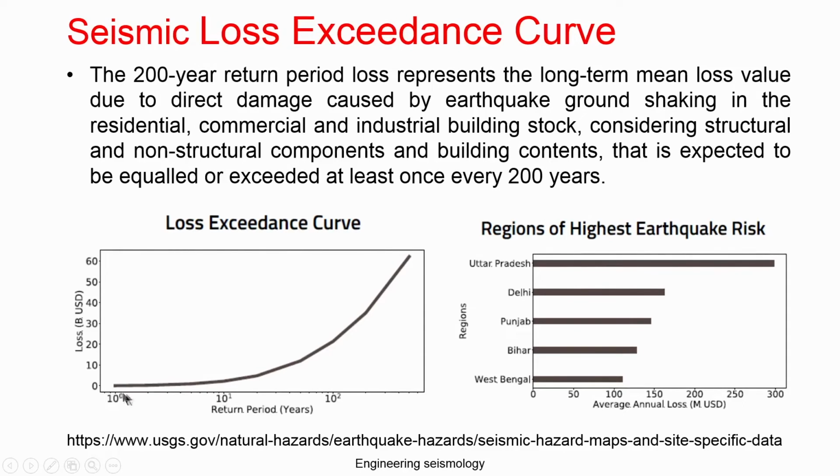People looking for short investments may experience less. This is again region-wise, how much annual loss you can expect: West Bengal, Bihar, Punjab, Delhi, Uttar Pradesh, for example. So you can get this at the regional level and decide where you want to invest, where you want to start your factory.